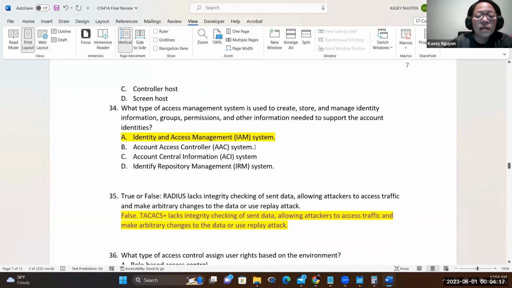34. What type of access management system is used to create, store, and manage identity information, groups, permissions, and other information needed to support account identities? And this is IAM, or Identity and Access Management system. You often find this now in cloud, especially if you're using infrastructure as a service.